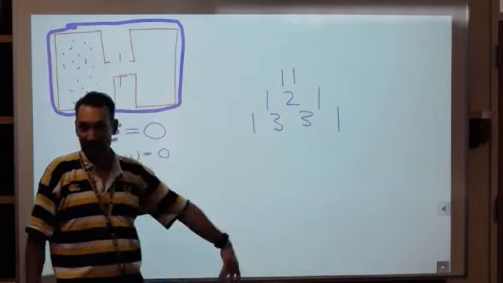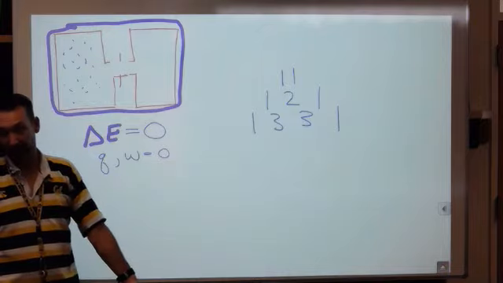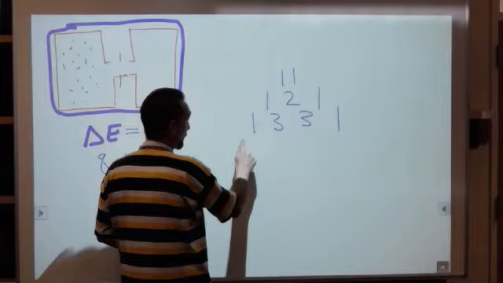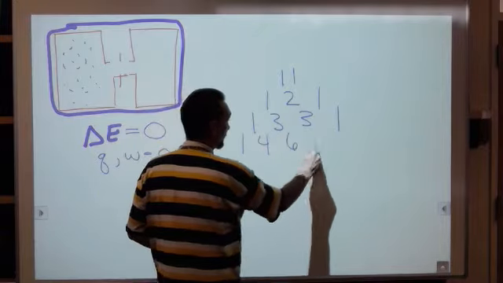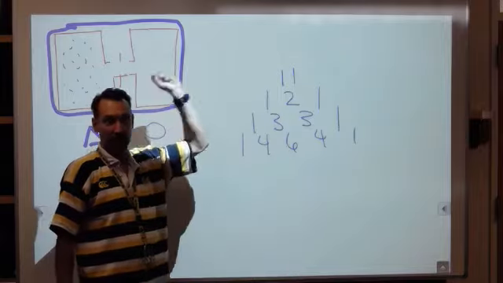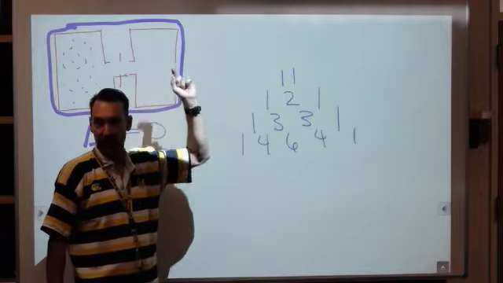Okay? And this scales with the number of particles. You can just keep doing this. So with 4 particles, 1, 4, 6, 4, 1, there are 6 ways to do them spread out equally on both sides.